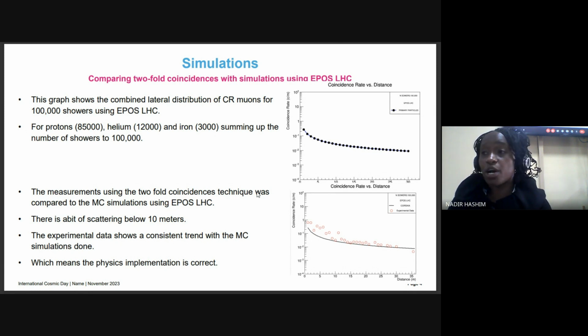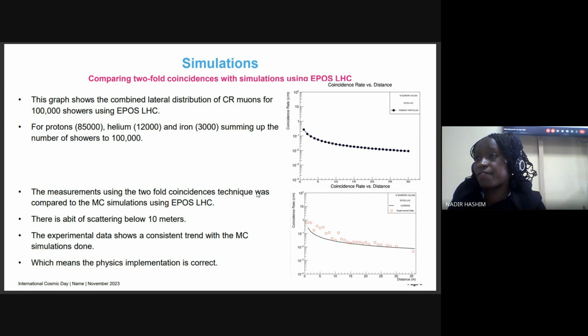So for me, this graph shows a simulation for 100,000 showers, and for these 100,000 showers, I have ensured that the 100% represents all the particles that we need. And for proton, when we take the 85% of the 100,000 showers, we have 85,000, helium 12,000, and ion 3,000, summing up to the 100,000 showers.